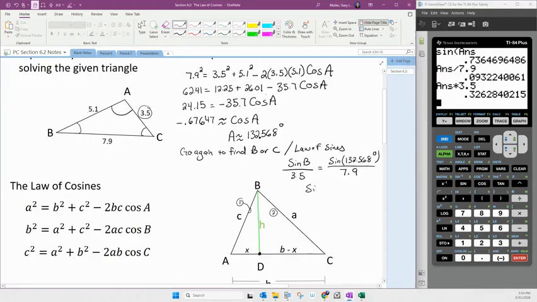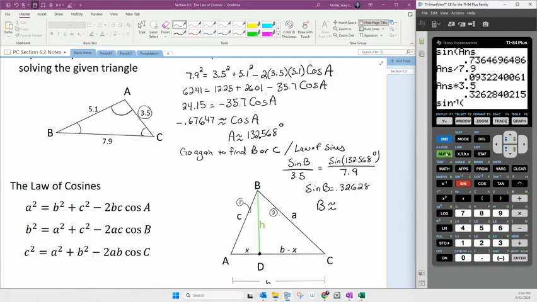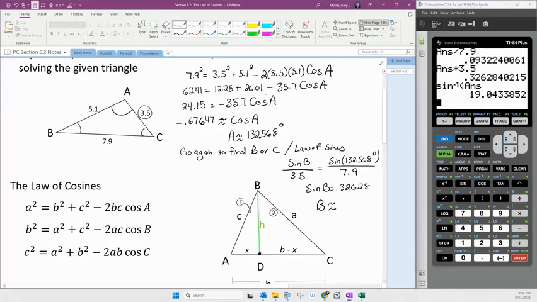So I know that the sine of B equals 0.32628 and some change. So B is approximately equal to, second function, arc sine of the answer. And I get approximately 19.043.